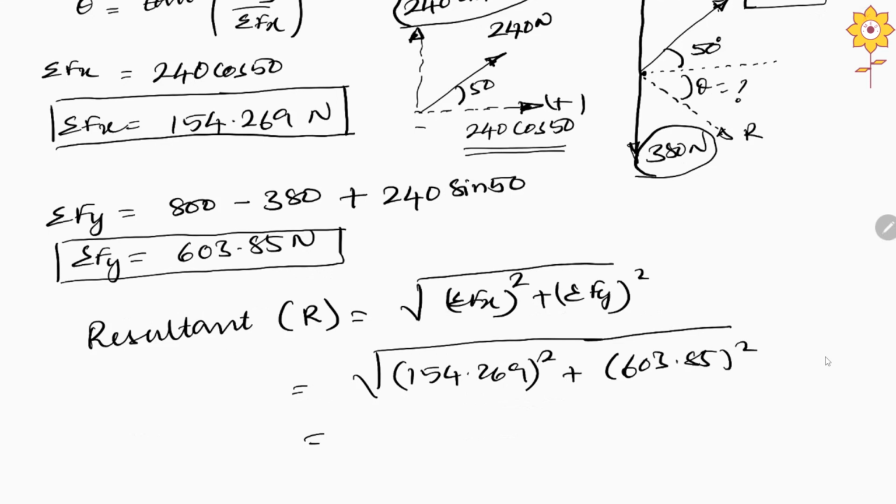If you do the squares and take the root, we will get the value of R equal to 623.24 Newton. So this is the resultant.